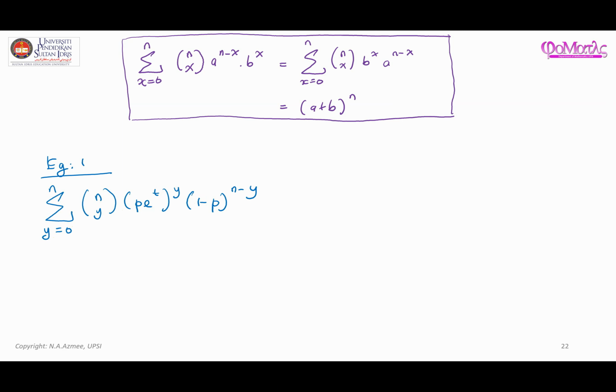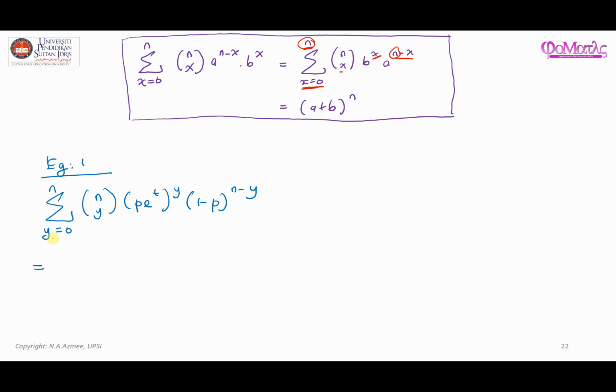Now you can directly compare to the conclusion that we have in this purple box here, and you should be able to see that this is just something similar to (a+b) to the power of n. So here we have x from 0 until n. Over here we have x, and this is n minus x. Of course here we have C(n,x), so we can take (a+b) to the power of n.